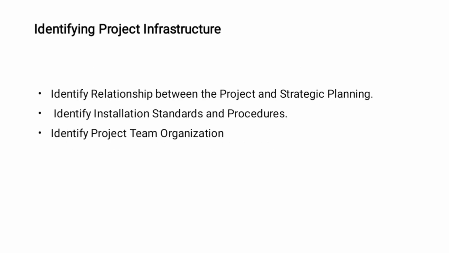The next one is identify project infrastructure. Identify the relationship between the project and the strategy planning. The next one is identify installation standards and procedures. Identify project team organization. These are all the infrastructures for projects.